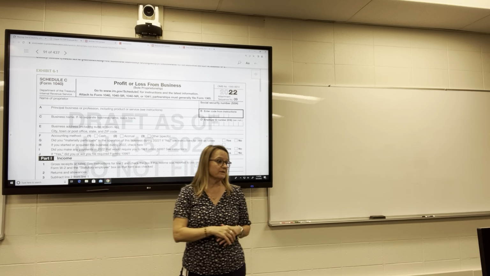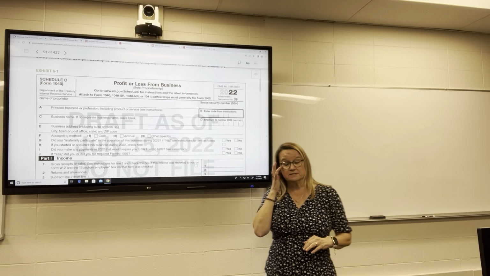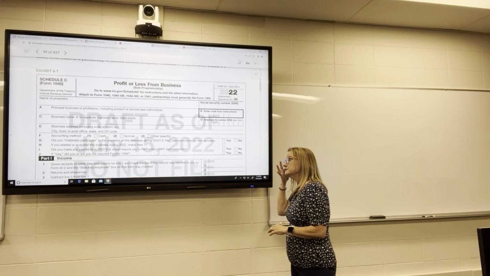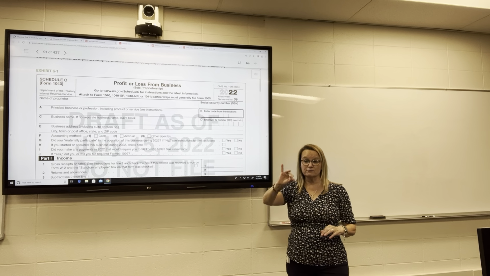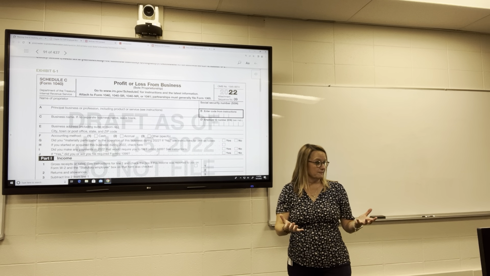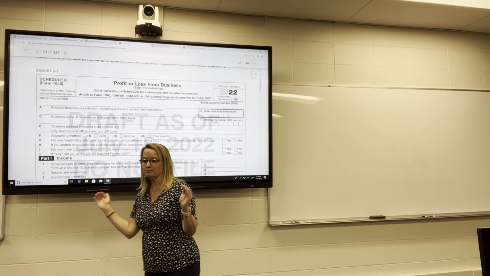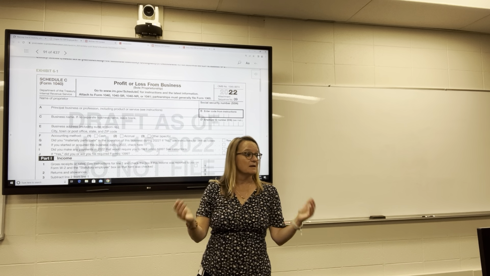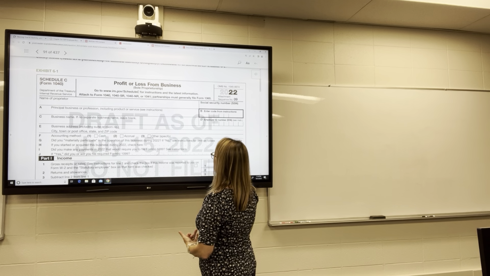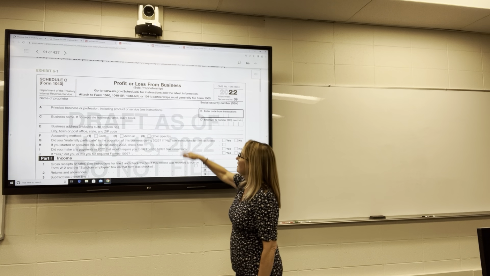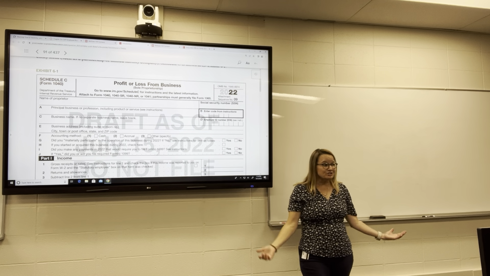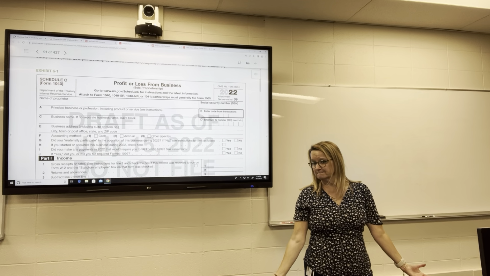Schedule C is the form that is used for businesses, for self-employed businesses, and it is part of the 1040, okay? So it's not a separate tax return, it becomes part of and a supplement to that Form 1040. Profit or loss from business, this is essentially an income statement, okay?